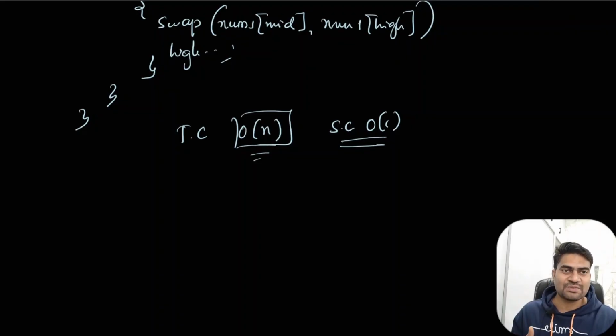Basically why it is called Dutch national flag is because we use red, white and blue colors for 0, 1 and 2. The Dutch national flag has those colors, and if you sort, it will look like the Dutch national flag. That's why it is called the Dutch national flag algorithm.